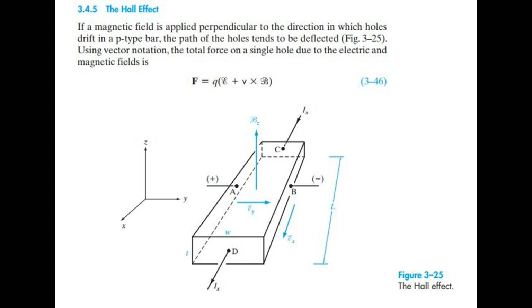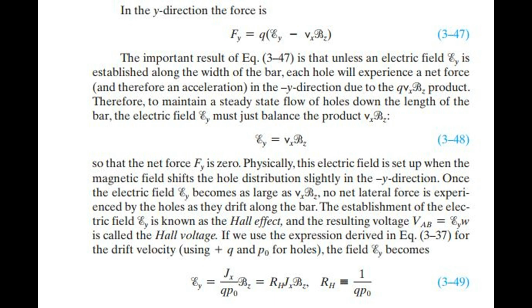The important result of Eq 3-47 is that unless an electric field Ey is established along the width of the bar, each hole will experience a net force, and therefore an acceleration, in the y direction due to the q vx Bz product. Therefore, to maintain a steady state flow of holes down the length of the bar, the electric field Ey must just balance the product vx Bz, so that the net force Fy is zero.